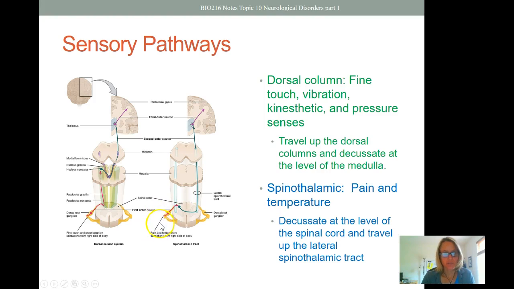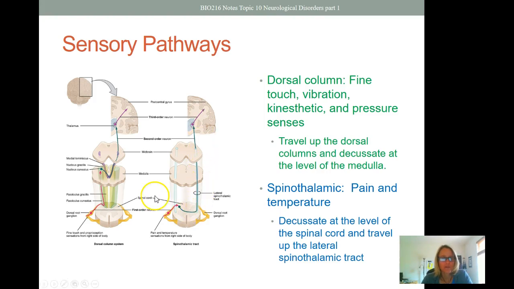So pain and temperature sensations come in from one side of the body into the spinal cord, where they synapse with the second order neuron right away, and the second order neuron crosses over at the level of the spinal cord and then travels up the opposite side to the thalamus, and then the third order neuron in the thalamus synapses with the sensory cortex in the parietal lobe.